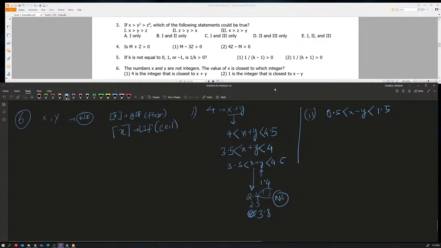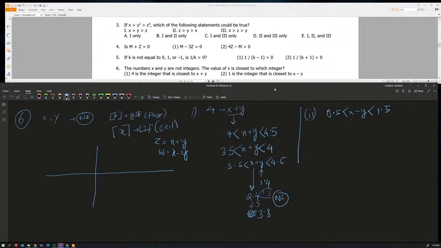Now, with these two, we have to see what the value of x is, closest to which integer. We can make graphs, it should be easier to solve. Let's say z is equal to x plus y, and w is equal to x minus y.